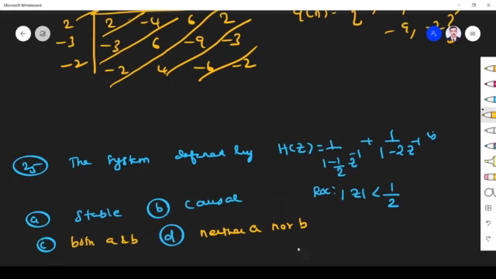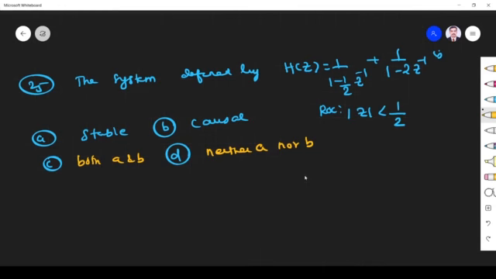Okay, next question is what they are asking. The system defined by the equation with the ROC is this one. Stable, causal, both or neither? For a causal stable system, poles should be inside the unit circle. So what is the pole here?